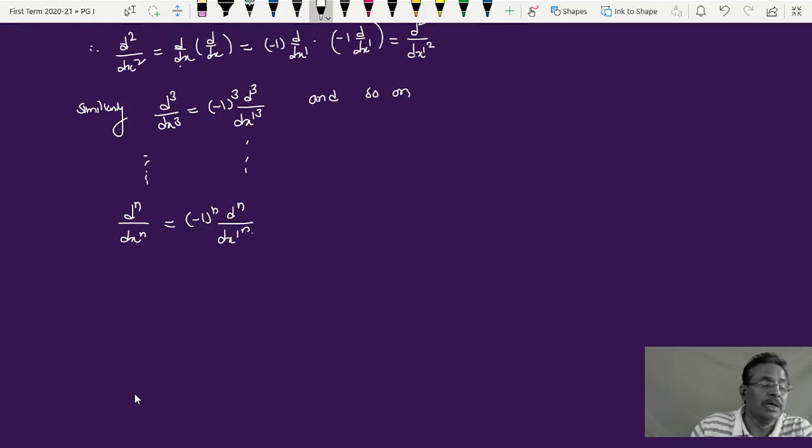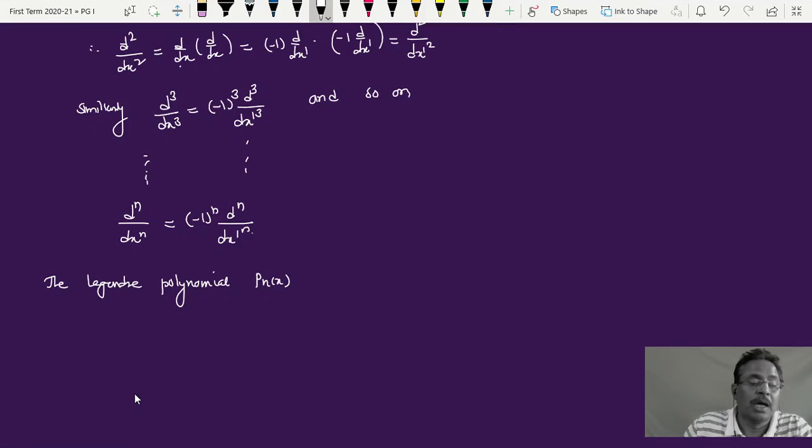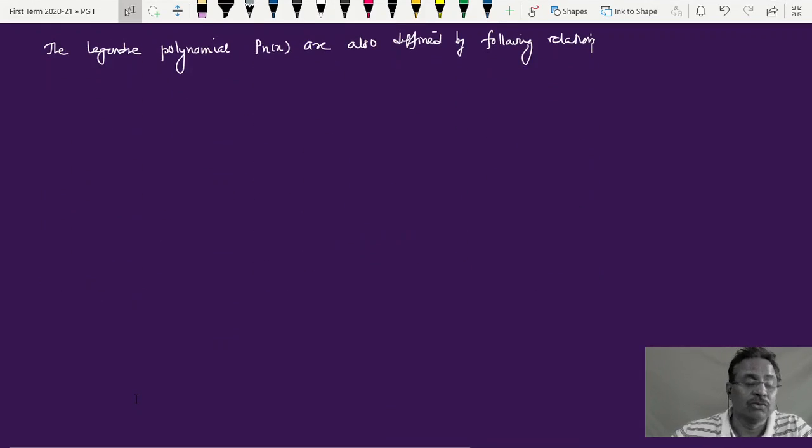The Legendre polynomial Pn of x is also defined by the following relation. Now what is that relation?